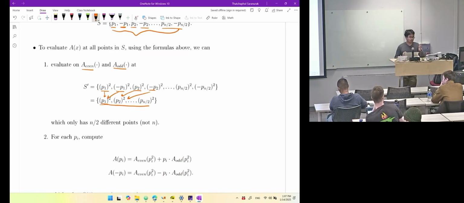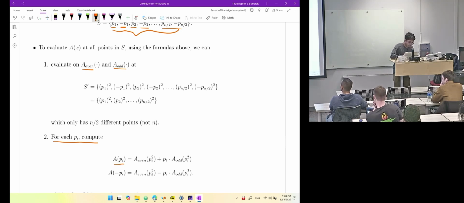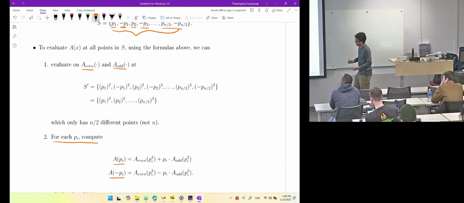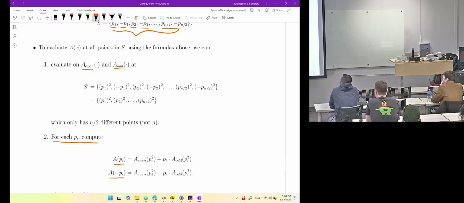But yeah, why do you choose both the positive and the negative points? You're going to see it now. The point is that I choose positive and negative because, in the next step, if I want to evaluate A at p_i and A at minus p_i, I can basically reuse the same thing that I have computed.